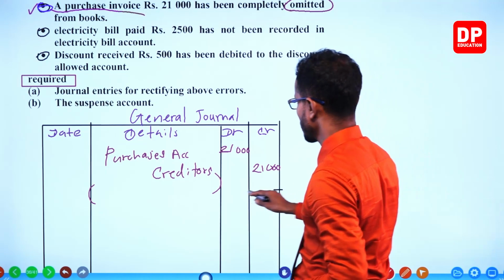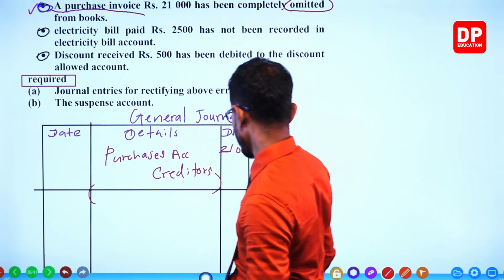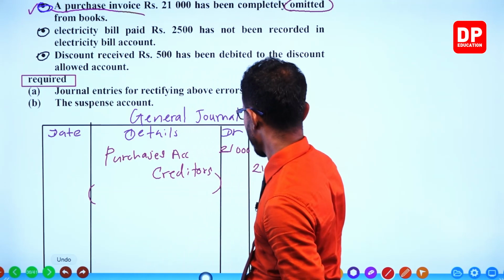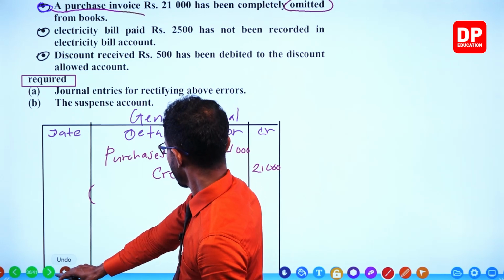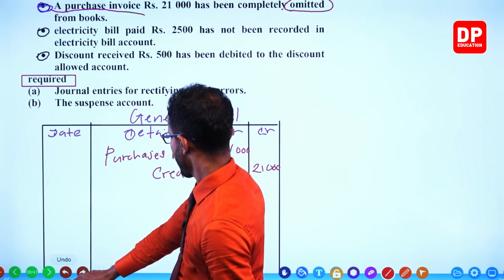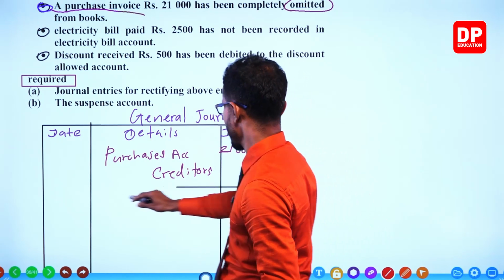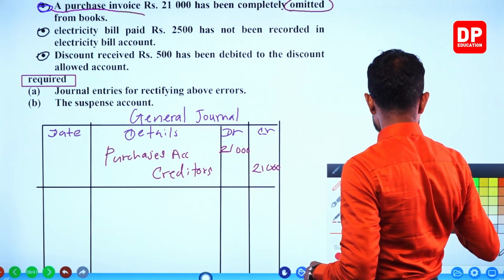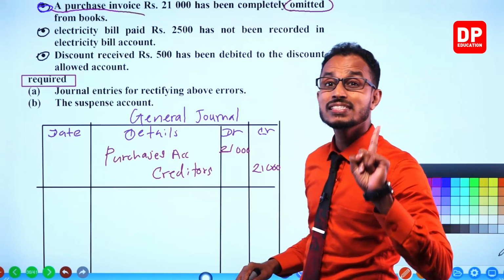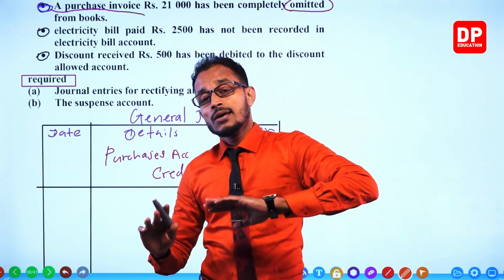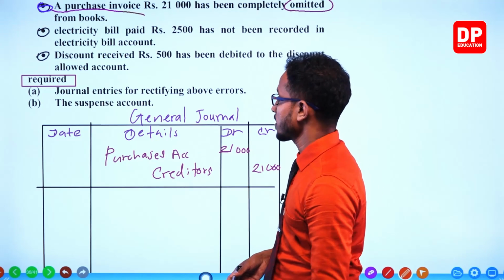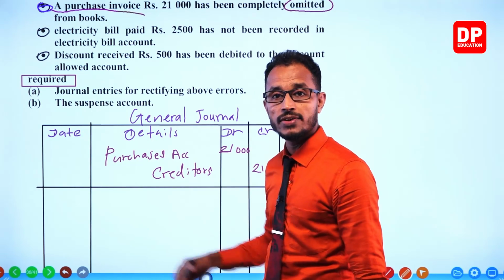So the first one is not a big deal. But the second error affects the trial balance, because one side is short. Now let's correct that, shall we?